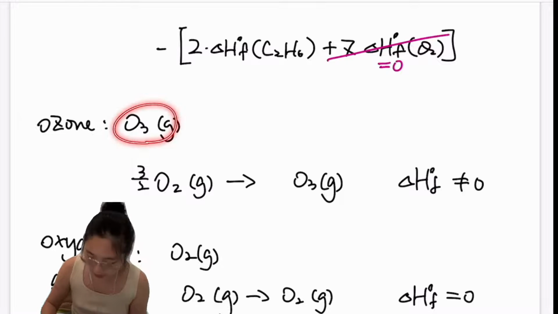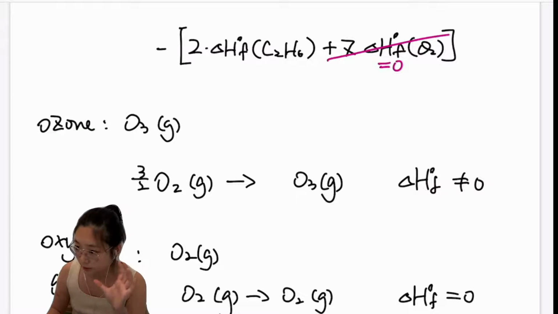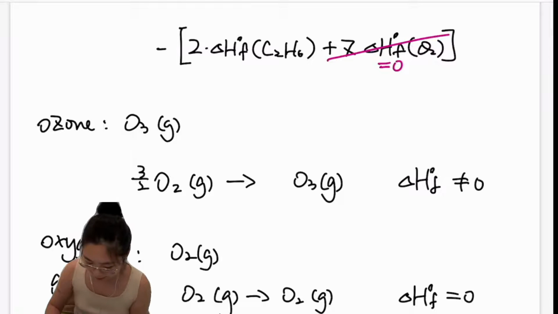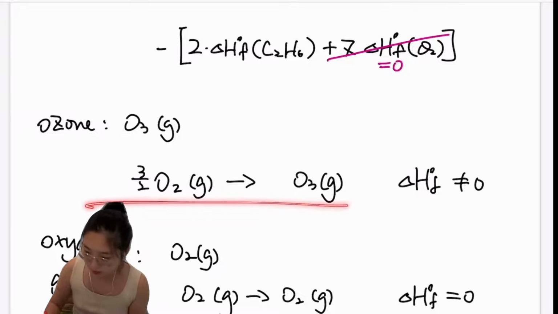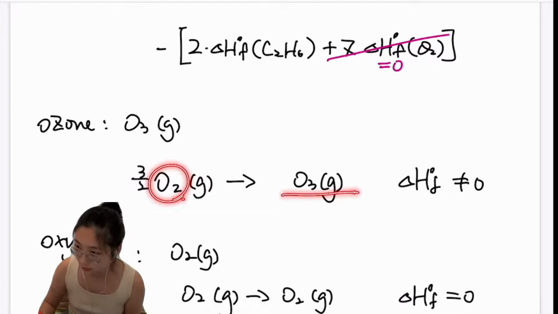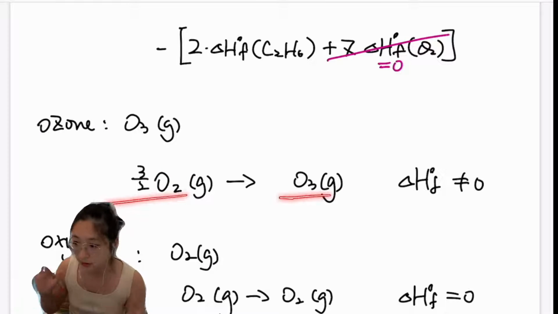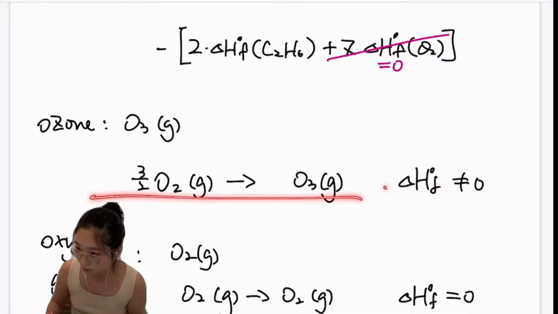But for ozone, ozone consists of oxygen atoms, and for this element called oxygen, its most abundant form in nature is oxygen gas, O2. So if you ever write the formation equation for ozone, it's from oxygen gas to ozone. The reactants and products are not the same, which means they have different enthalpy levels. So the change in enthalpy for this reaction is obviously not 0.